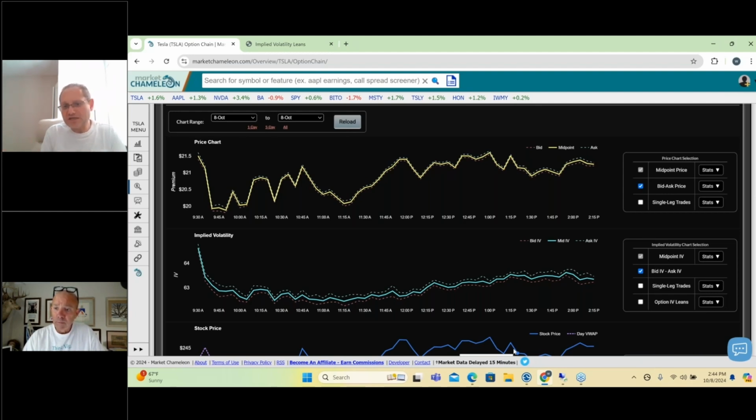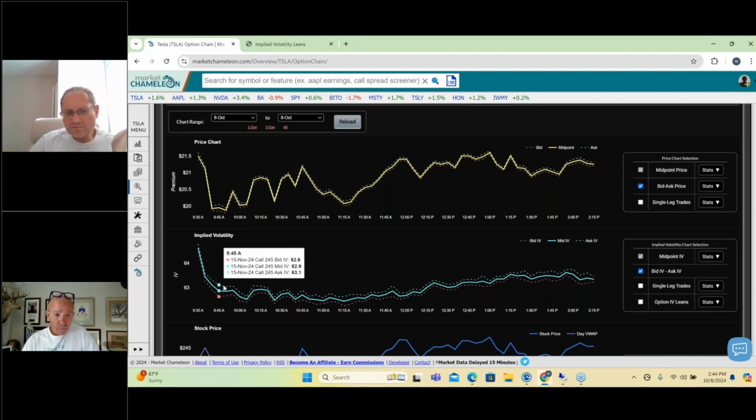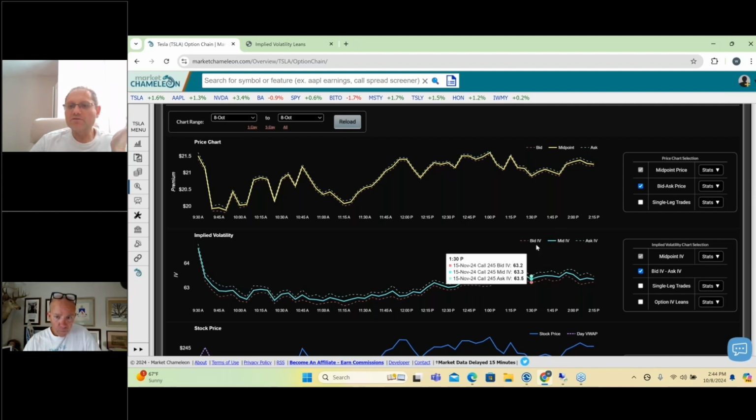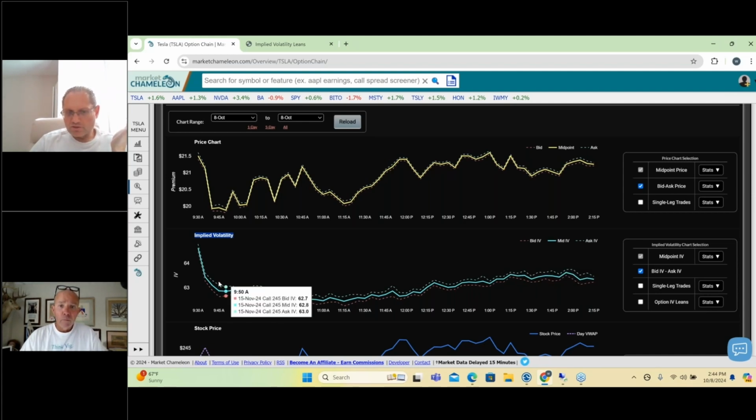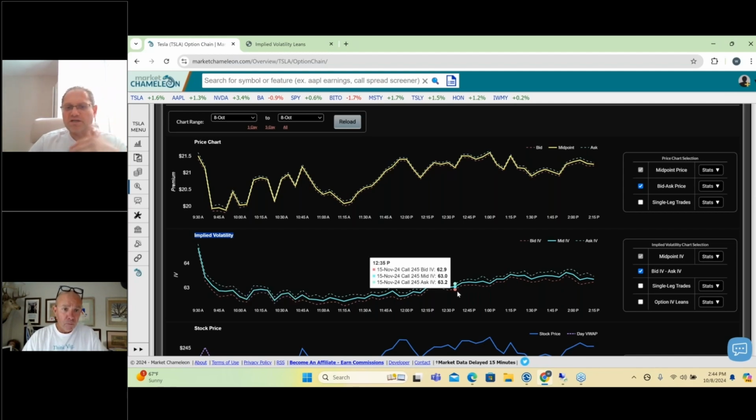Do they come closer together throughout the day? Do they fluctuate? Maybe that's what the question is, how much does it fluctuate? So now we have all 3 in front of us. Here we can see that in the morning, the bid is this red, kind of burgundy line. Then the offer is this other dotted line above. That would be the difference between the implied volatility bid and offer.